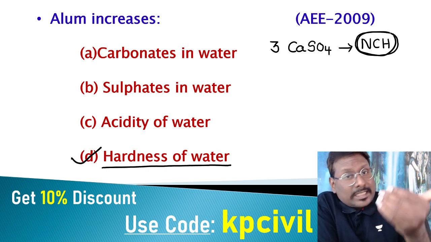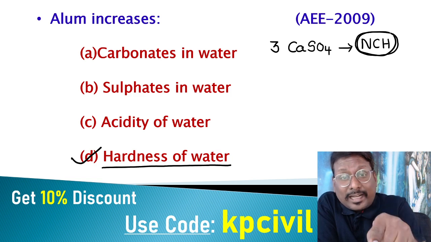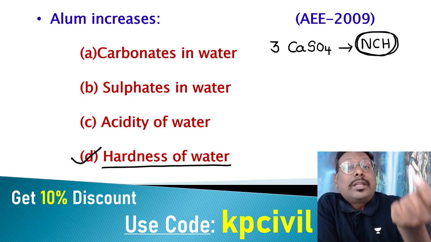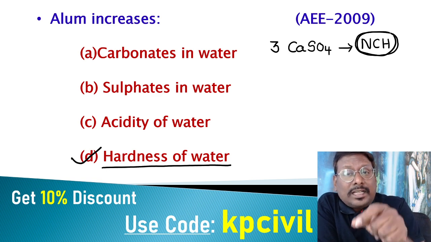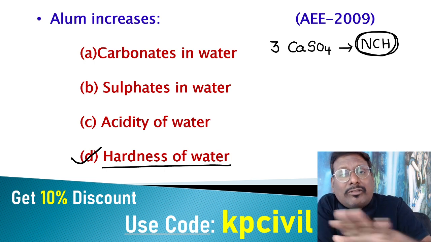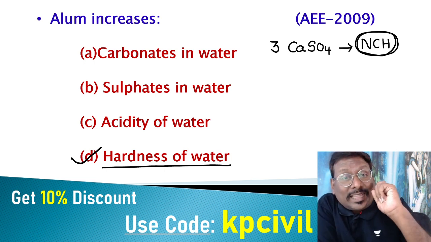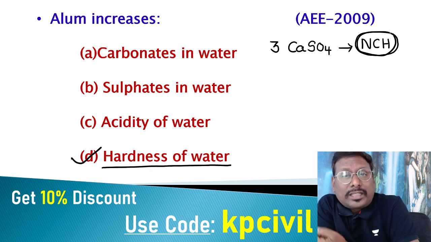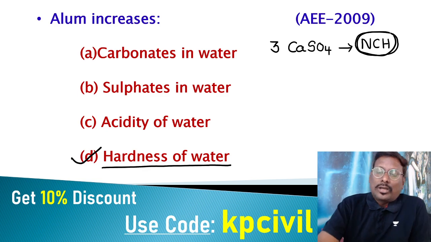Alum increases acidity, but you are adding lime. That lime reduces the acidity and makes the water neutral. But at the end result, when coagulation ended, calcium sulfate, 3 molecules per 1 molecule of alum, is released, which causes non-carbonate hardness.